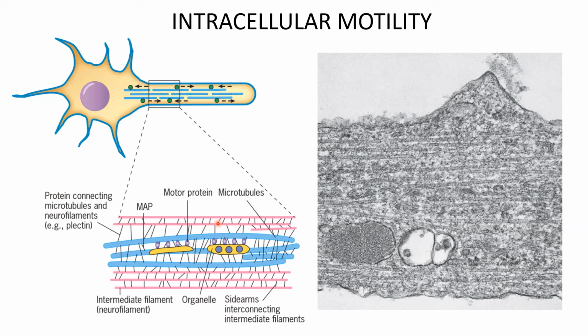So here we can see vesicles that are carrying neurotransmitters in a neuron. So from the cell body, it goes into this end where another neuron is waiting. But there is also an opposite movement where it can move from this portion towards the cell body.